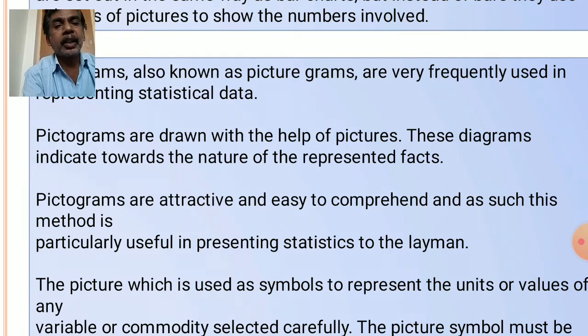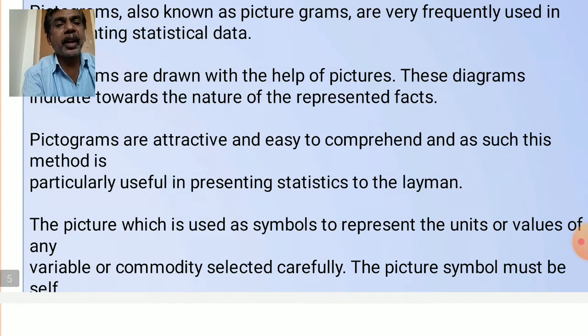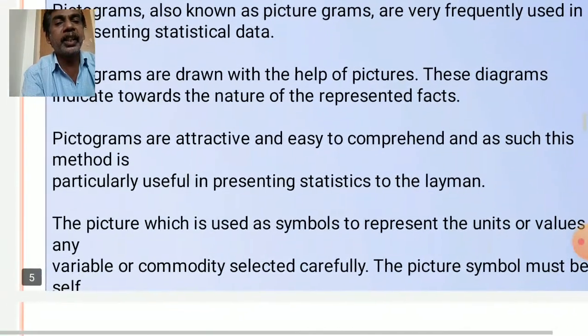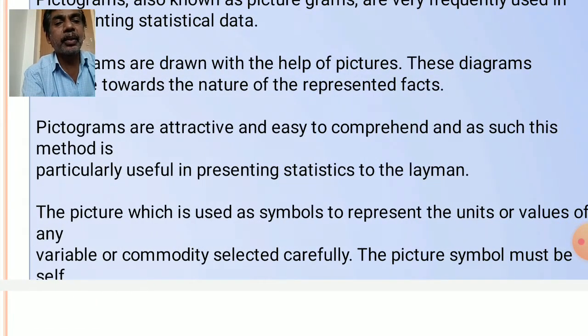The pictures are used as symbols to represent the units or values of the variables, and each picture can count as a unit, and thereby it gives some idea to understand.